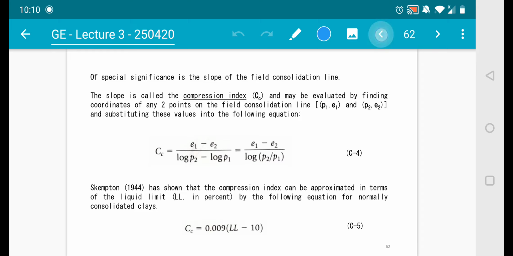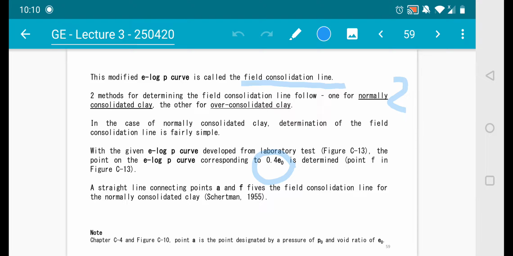Now let's go back. A straight line connecting point A and F gives the field consolidation line for the normally consolidated clay. And this is research conducted by Schmertmann in 1955.